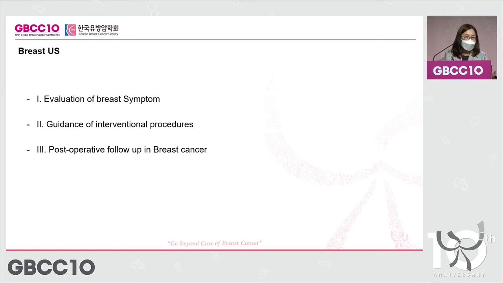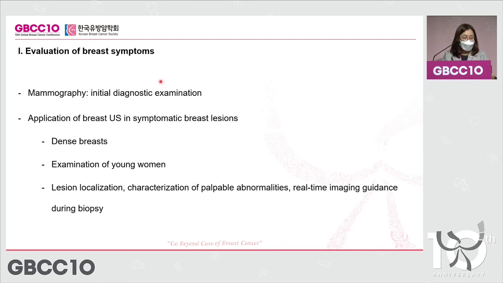So why do we conduct an ultrasound? When there is a symptom and when there is a procedure, it would be used as a guidance of interventional procedures. And in breast cancer patients, we would use an ultrasound to conduct a post-operative follow-up. Always a mammography would be conducted first.